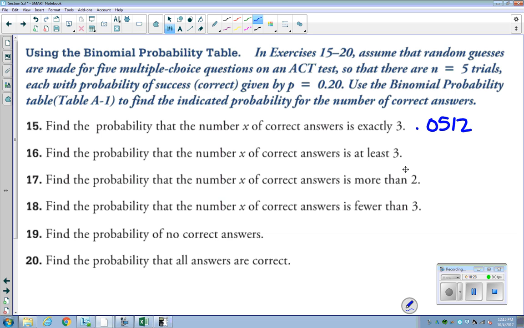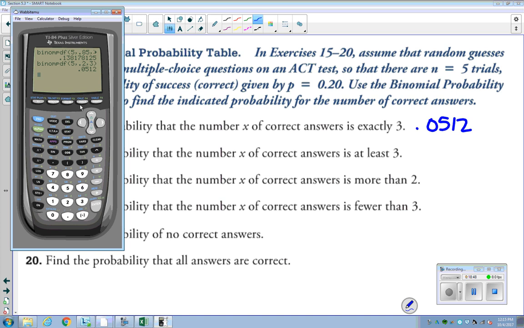And so I could do this entire calculation for 3 correct, 4 correct, 5 correct, and add them all together, right? In the last section, it gave us the whole entire table, didn't it? So we could just get the numbers we need. Well, you can do that on your calculator as well. So let me show you how to do that on your calculator. Again, we're going to go to the same place, second, and distribution.